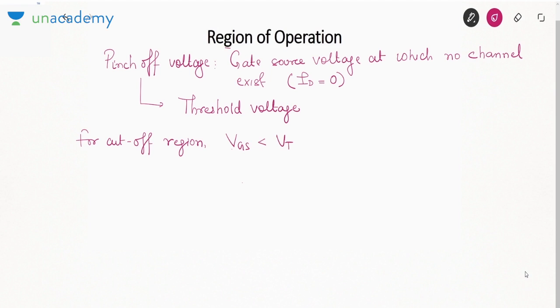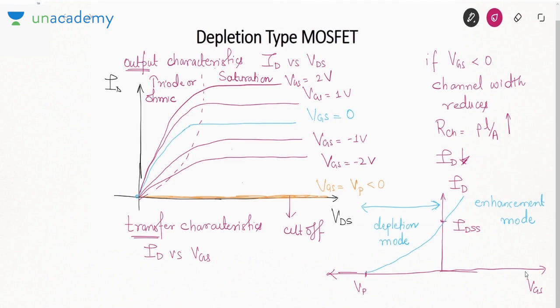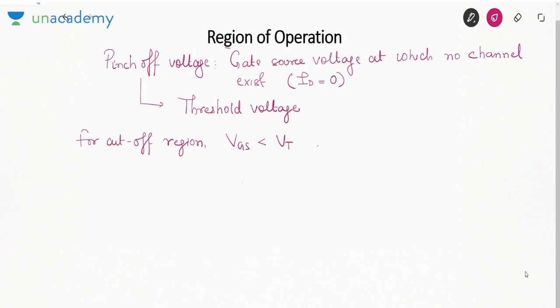VT is the pinch off voltage. That means if you see this characteristic in this region, if you apply a voltage more negative than the pinch off voltage, the drain current would be zero.